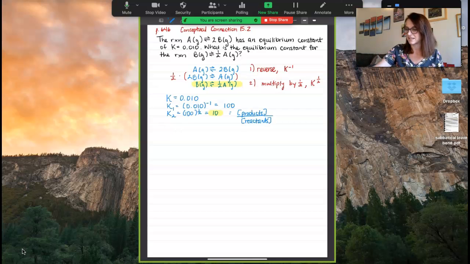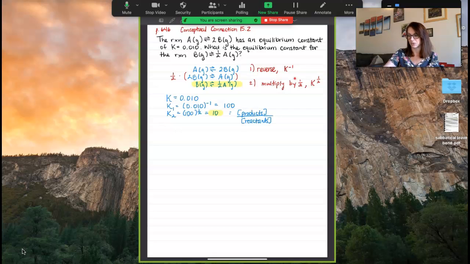So in this case, this tells us that products are 10 times the concentration of reactants. Obviously, if you have an equilibrium constant of 1 times 10 to the 5th, then you have primarily products in there, right? So yeah, hopefully this helps with manipulating equilibrium constants.